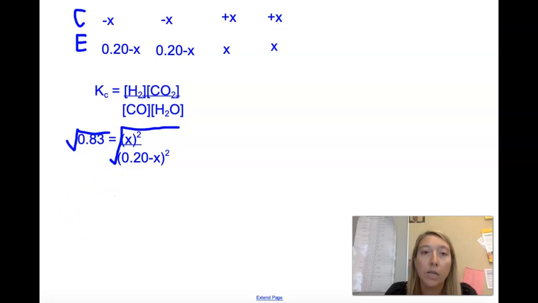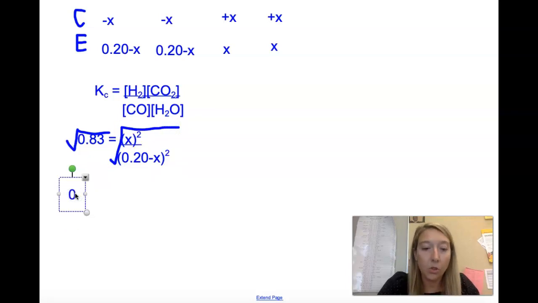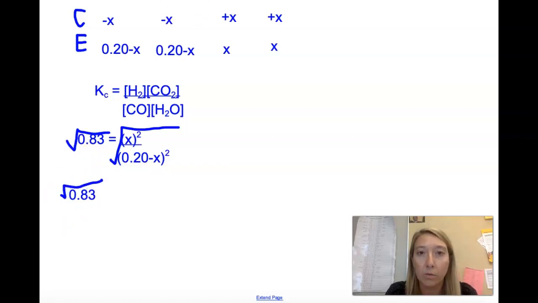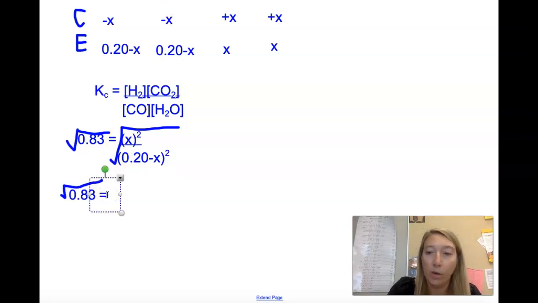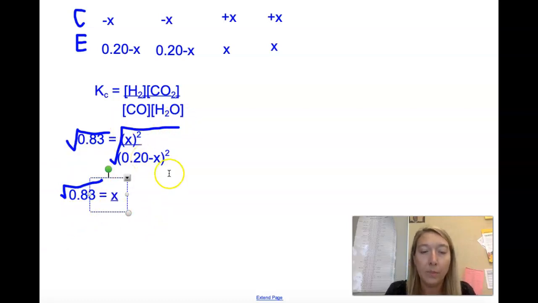then what I can do is I can say the square root of 0.83. I'm just going to leave it as square root of 0.83 right now because the square root of 0.83 is a gross messy number, and I don't really feel like dealing with a gross messy number and writing it all out. I'm probably going to wait till the end in my calculation to actually figure out what that number is going to be. So if I take the square root of x squared, that is simply x.